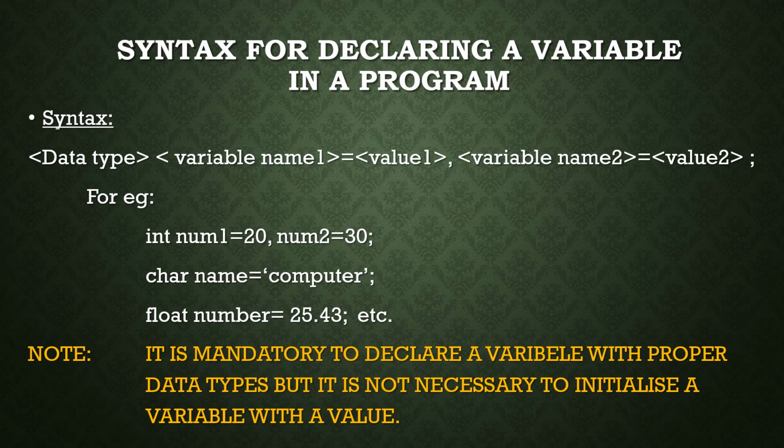But note, it is mandatory to declare a variable, but it is not necessary to initialize a variable with a value. If you do not want to initialize a variable, then you declare the variable only, like int num1, num2, char name, float number, like this.